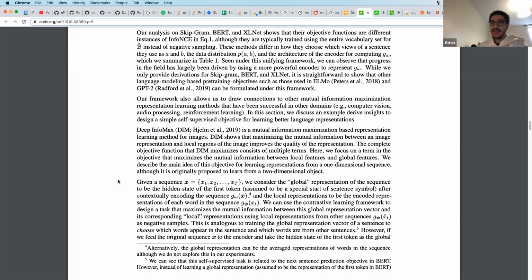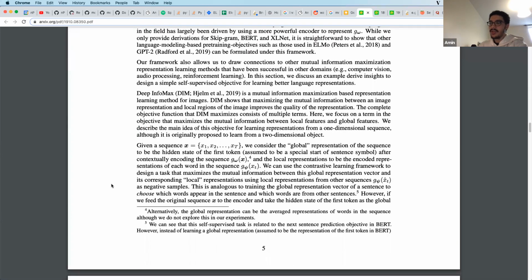Part of its objective is based on maximizing the mutual information between different views of an image, specifically global and local features of an image. So how does this relate to sentences?